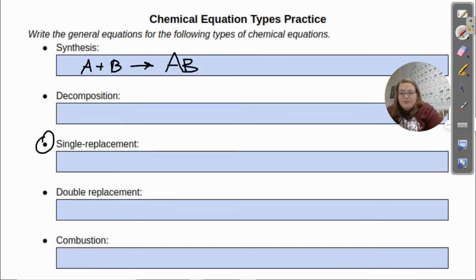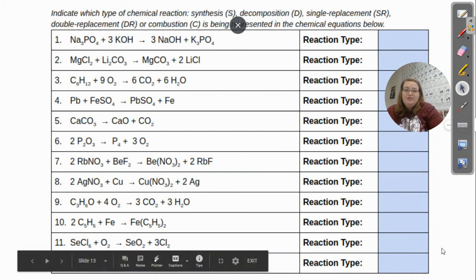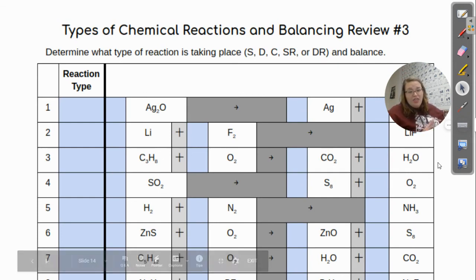On your single replacement one, you can give me either one because there's more than one single replacement reaction formula. For the rest of them, it's going to be this formula. Don't give me the example formula. Give me the A, B, C, D formula, okay? All right, the second part of your chemical equations type practice, you don't even have to balance. You just tell me what type of reaction it is. Super straightforward, simple.